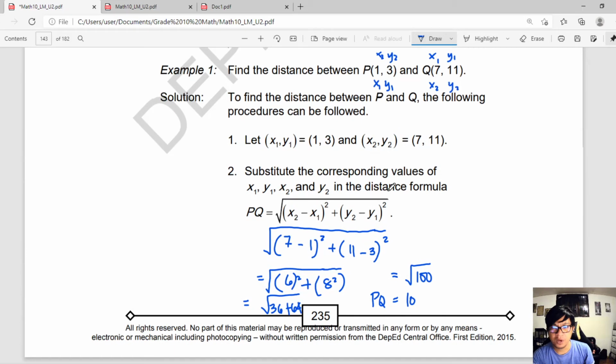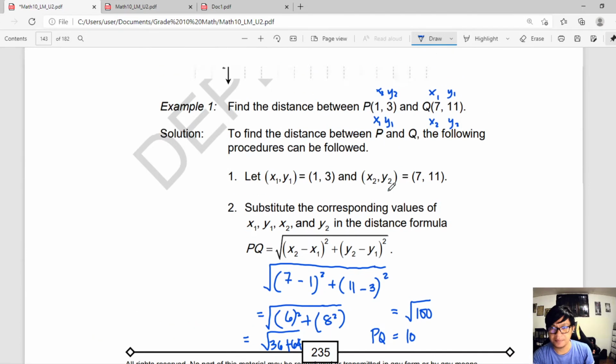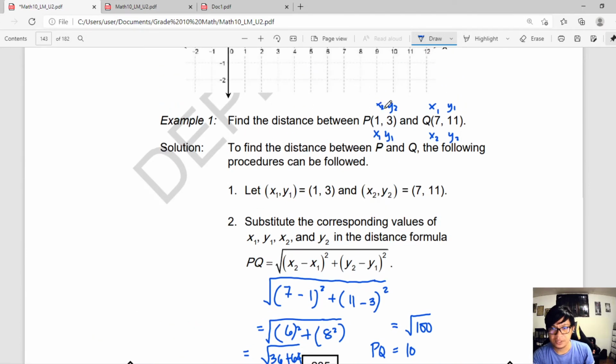How about if we're going to interchange yung point natin, no? Ito yung magiging x sub 2 natin, y sub 2. Tingnan natin kung the same lang yung kanilang sagot. Let's try. Okay, so we have x sub 2 natin is 1. Interchange lang natin na 1 minus 7 all squared. Tingnan natin kung magbabago ba yung sagot.